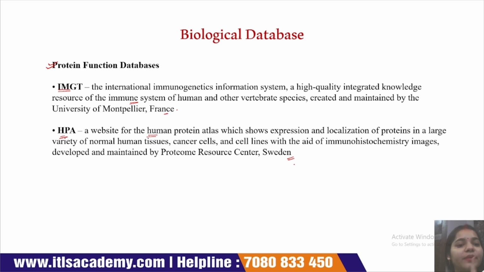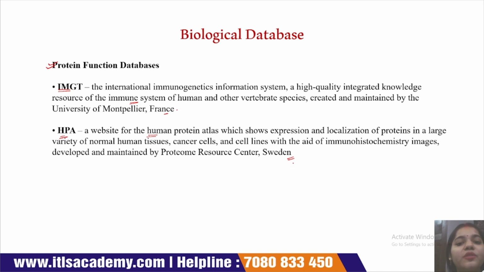First is the IMGT, second is the HPA. IMGT stands for International ImMunoGeneTics Information System, and HPA stands for Human Protein Atlas. IMGT is maintained and created by the University of Montpellier, France, and HPA is developed and maintained by the Proteome Research Center, Sweden.